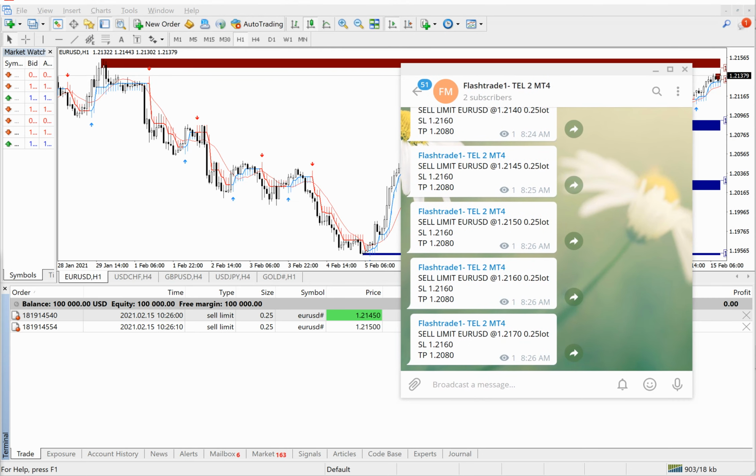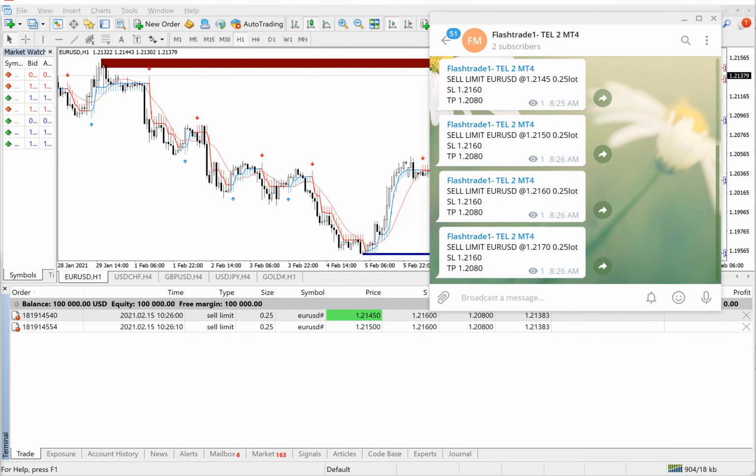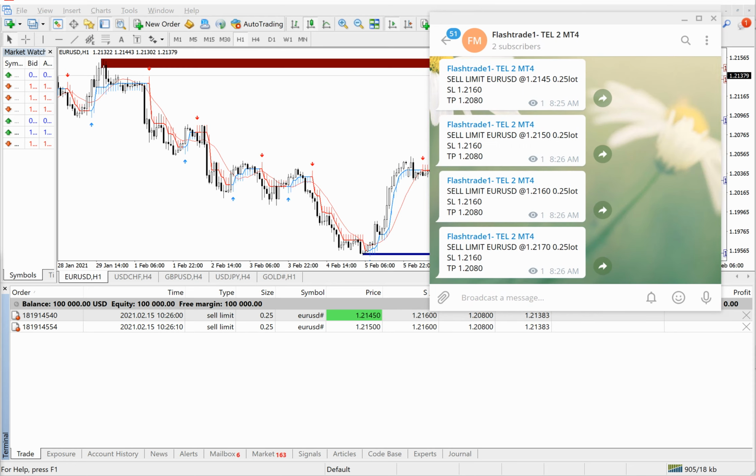Let me show you that, this is the live one. So you can see that the trade at 1.2145 and 2150 has been placed with SL 1.2160 and TP 2080. Right now the market is running at 1.21383. These both trades are not placed as the levels here and the SL are the same.